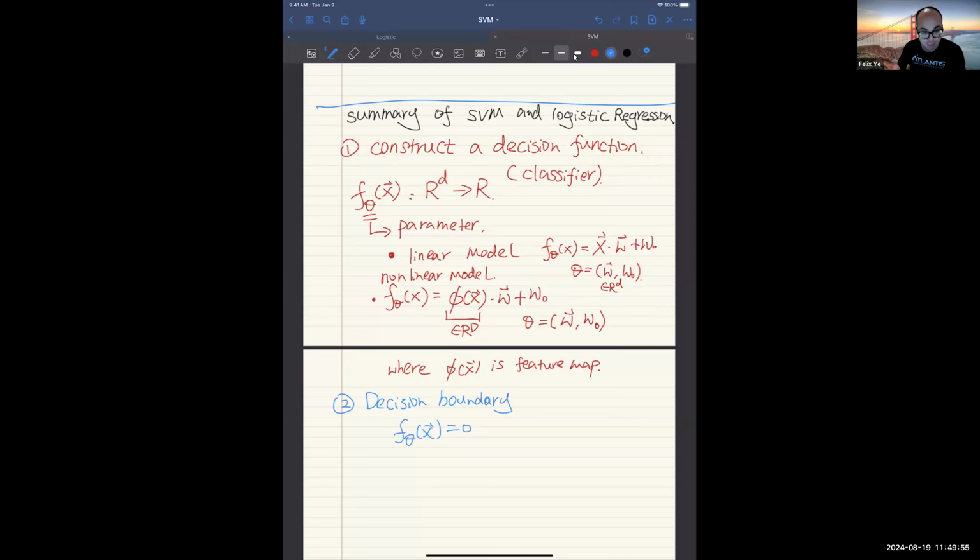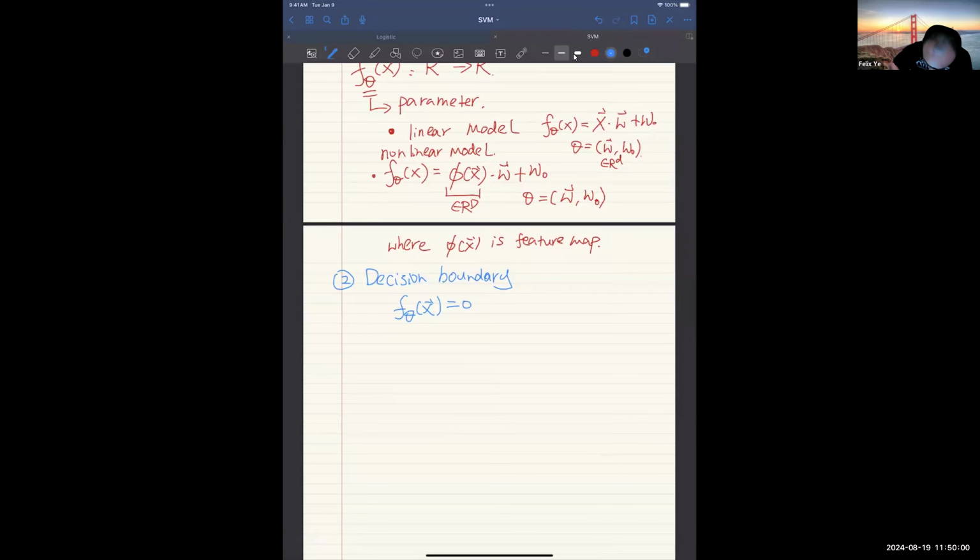By the usual convention, if you have new data, y is equal to +1 if my f theta of x is bigger than 0, and -1 otherwise. So this is my sign, and it determines which label we assign.